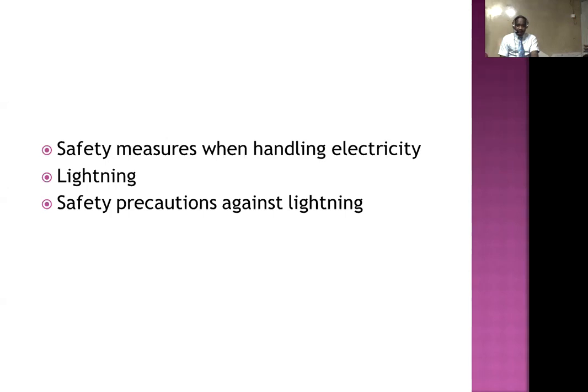Lightning. Lightning is a strong form of static electricity. It occurs when clouds are charged either positively or negatively due to friction between them and the air.